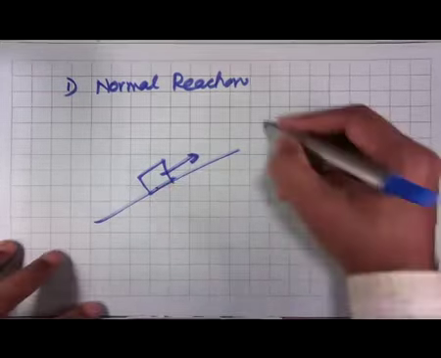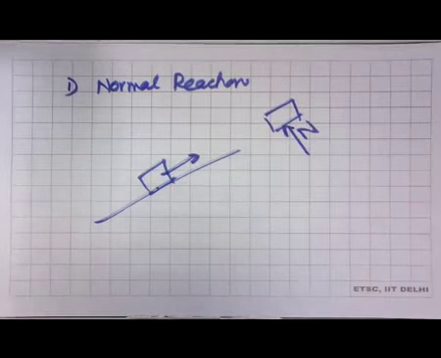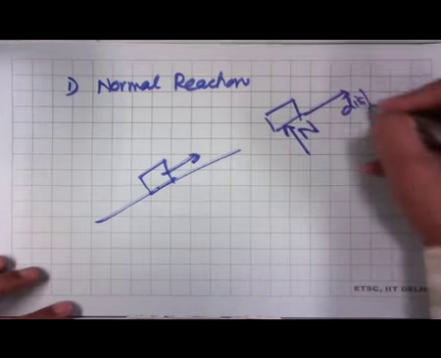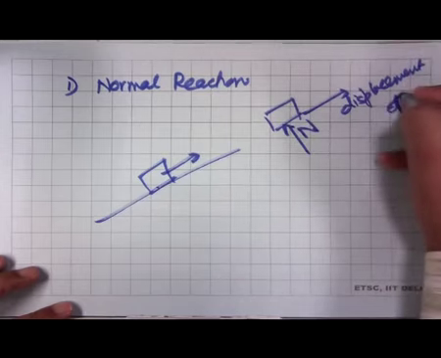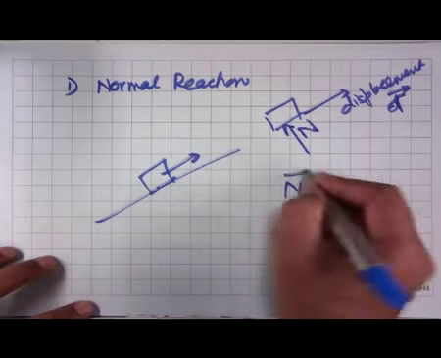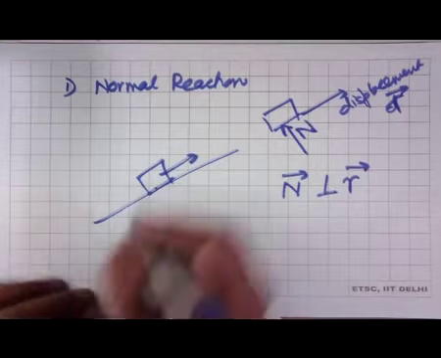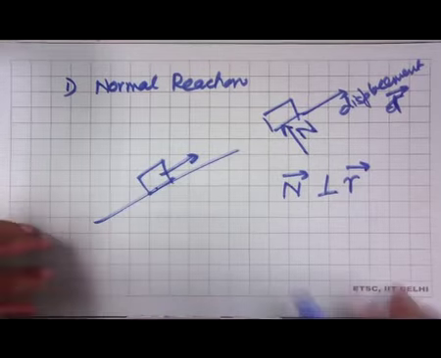On this block, when we draw the free body diagram, the normal reaction acts perpendicular to the surface, and this is the displacement direction, let us call it r. Because the normal reaction n is perpendicular to r, it will not do any work. So, this may often happen.